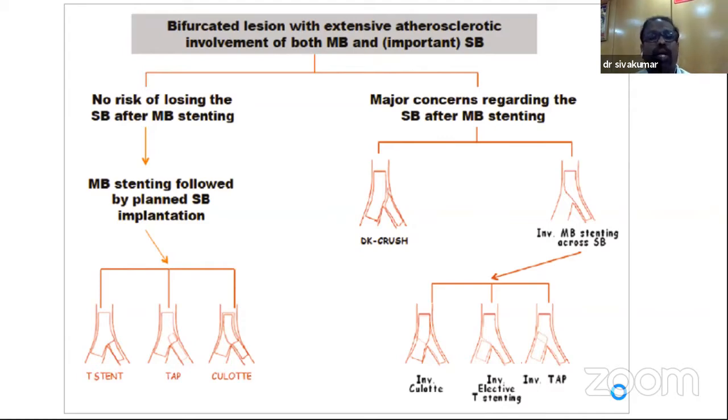When it comes to culotte, particularly in an LM area, particularly when the LM is long, you leave behind two layers of overlap, however you call it, mini or micro; definitely at some area it is two-layered. That's why DK crush is always most appreciated, at least in LM.